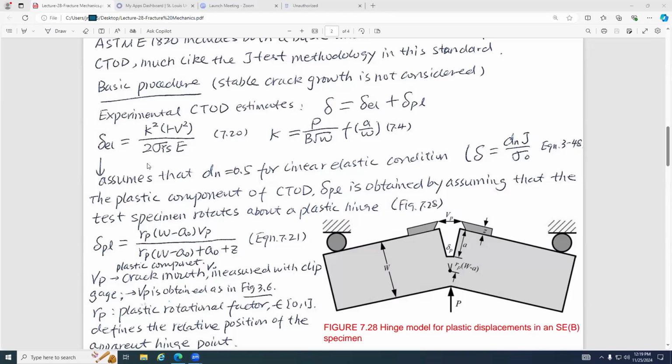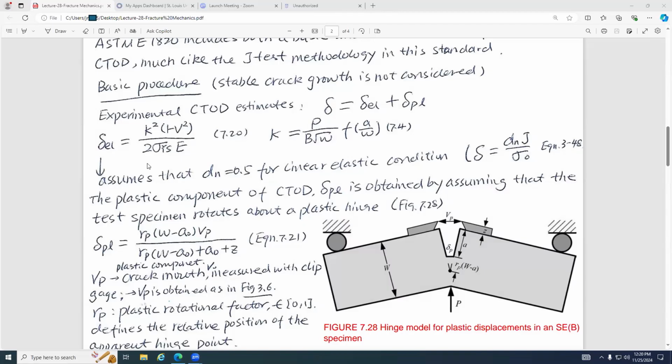So this delta_el is easy to get. We can get this delta_el analytically using that equation. But this delta_el assumes that dn, a dimensionless factor, equals 0.5 for linear elastic material.